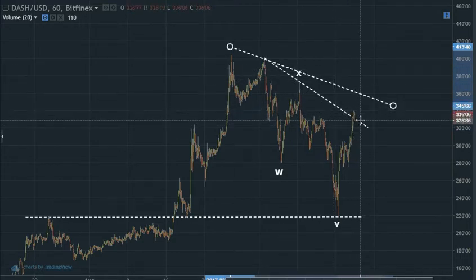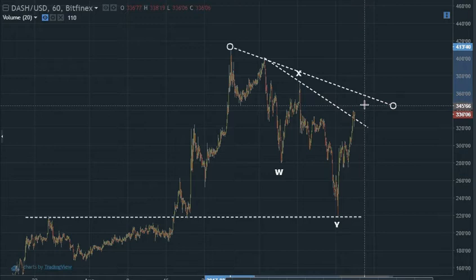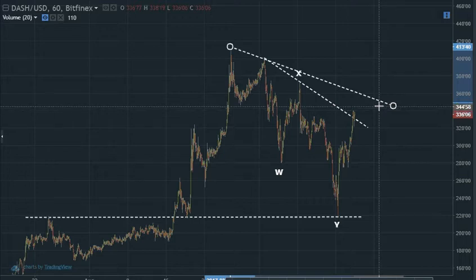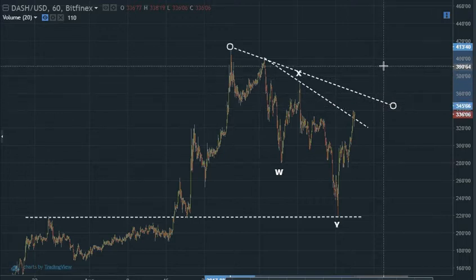So you may come back down to it, bounce off of it, hit this line, maybe bounce like a ping pong ball, and it'll be very exciting if we can exceed that.